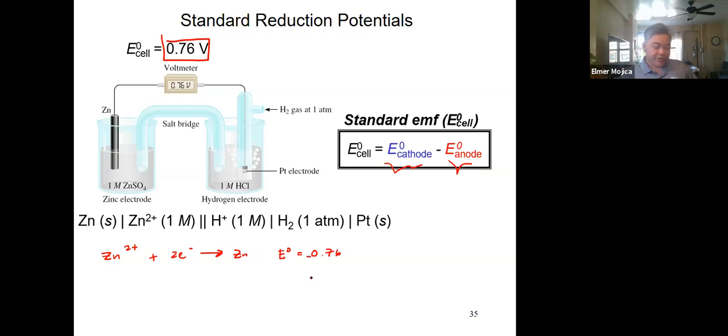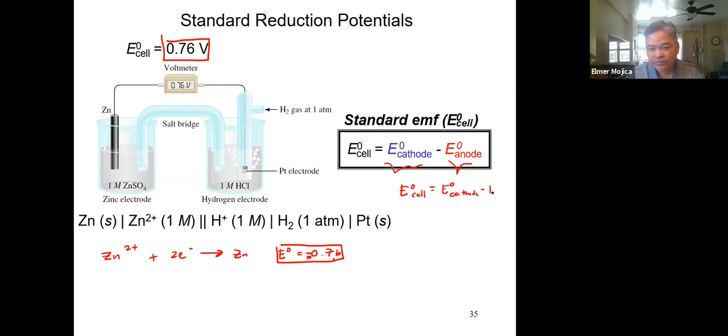Now the question is, how were they able to obtain this value? How does the reduction potential of zinc end up with 0.76 as seen in the table? So if we look at what happened here, the cell potential equals the cathode minus the anode.